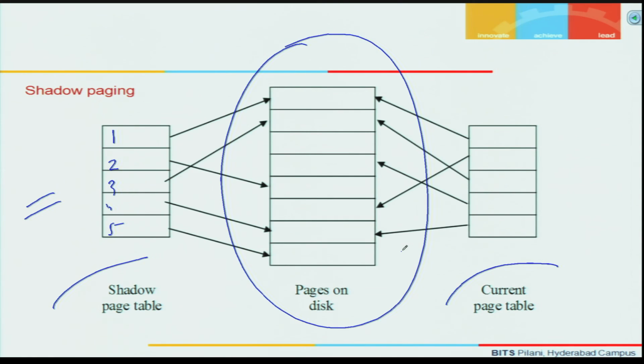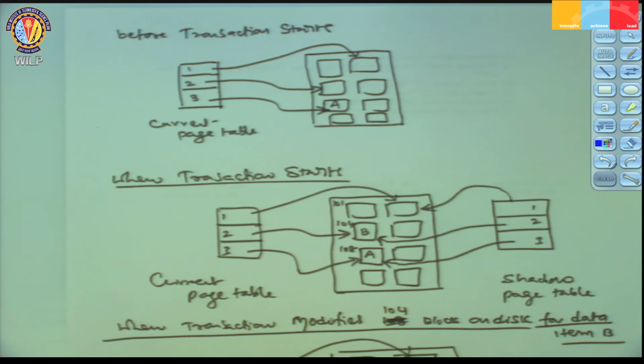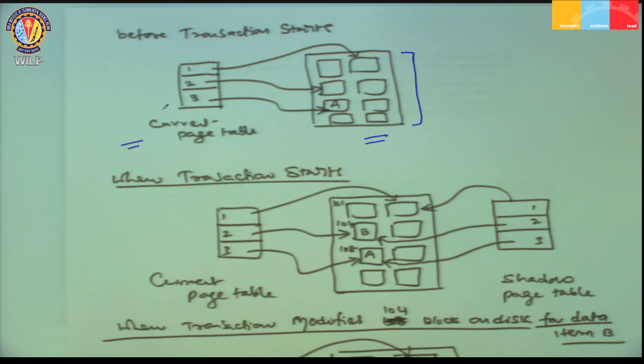Now let us have a look at an example. We assume that this is the disk and this is the current page table, and the disk contains disk blocks. Let us assume that in our example the database is spread across only 3 disk blocks, that is, there are only 3 pages for the database.